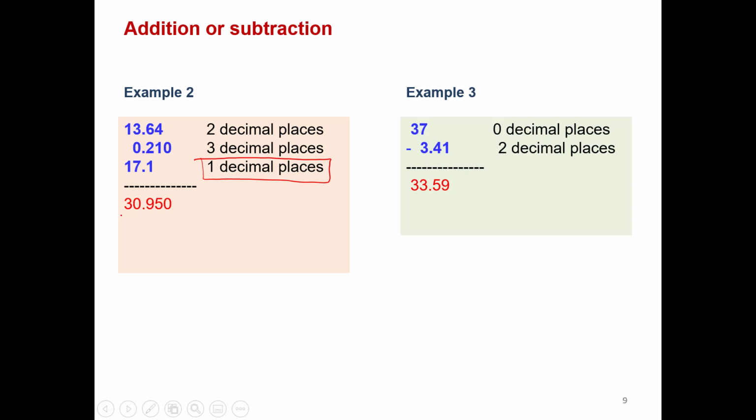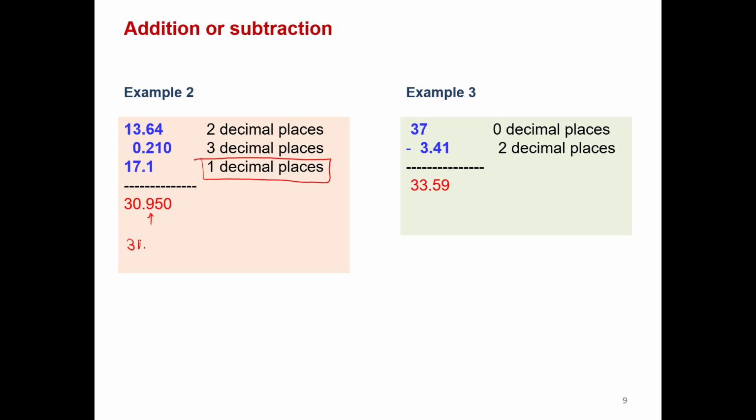And if we add these numbers together, the answer is 30.950. But here we need just 1 decimal place. Then we need to round this number. Because this digit is 9, greater than 5, we need to round up. Then in this case we need to add 1 to the next number, and it will be 31.